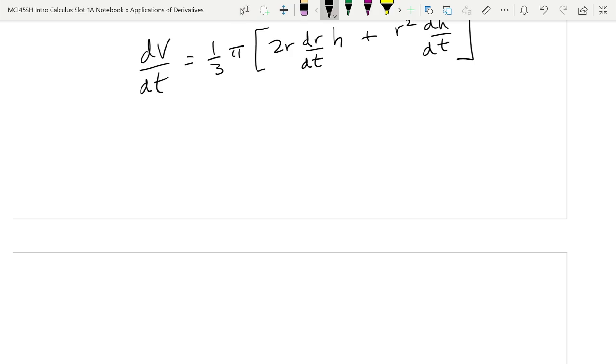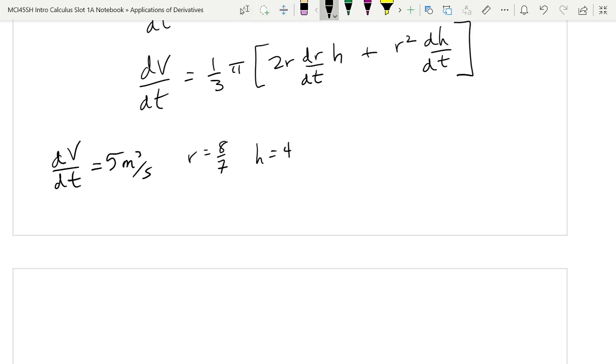Remember that we were told that the volume is changing as a rate of time at 5 meters cubed per second. We know that the radius right now is 8/7. We know that the height is 4, and we're looking for dr by dt, but we know that dh by dt, I've got that backwards.